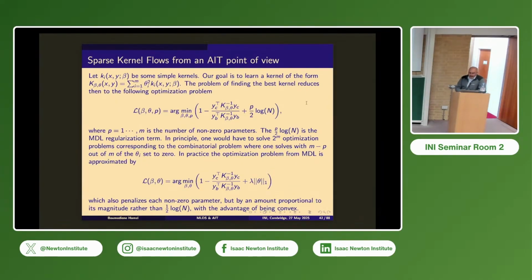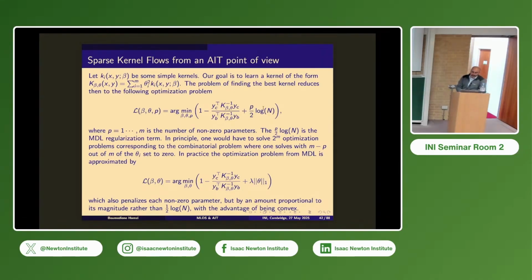We proved in the paper that there is a way to reformulate the problem of learning kernels from data as the following one. Again, this is not really an important thing; it can be anything. The main thing here is the P over 2 log n, which I just explained.